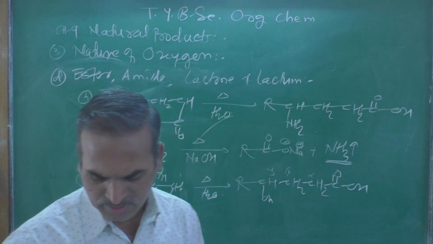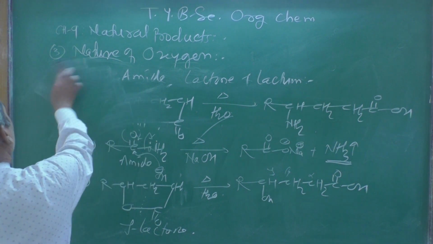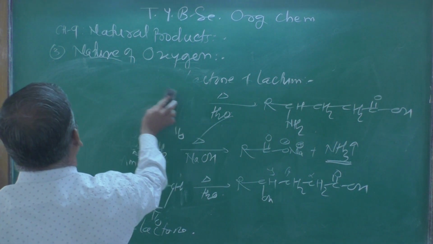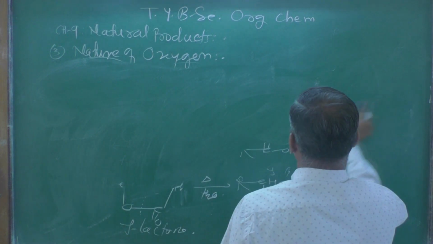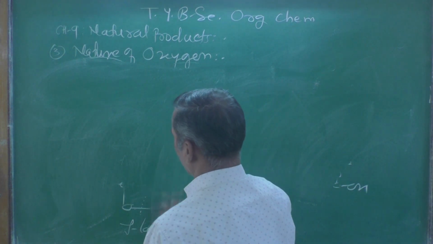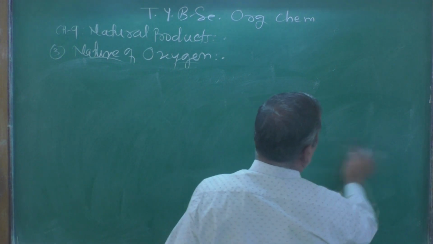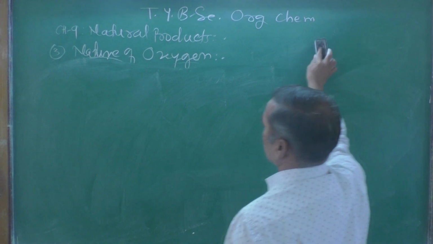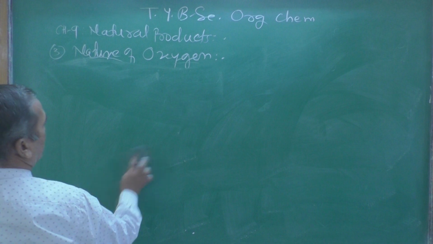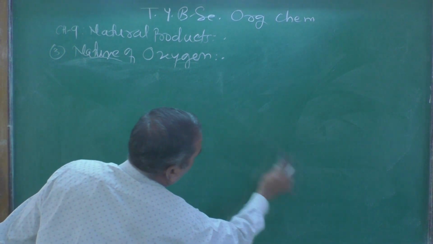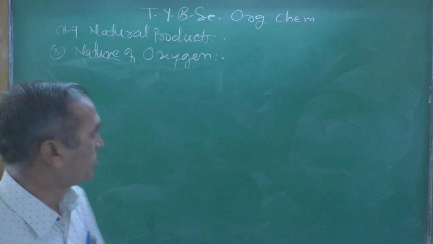Now let us move toward the next point. So far we have seen up to the D point. Now the oxygen may be present in the methoxy form or methoxy group. Let's see how we can detect or find out the methoxy group if it is present in the compound.